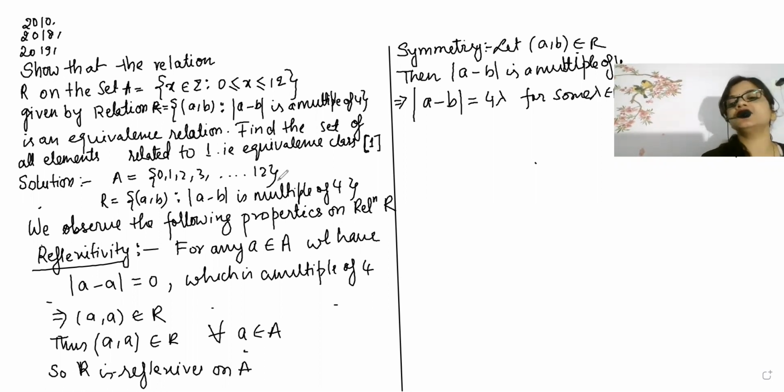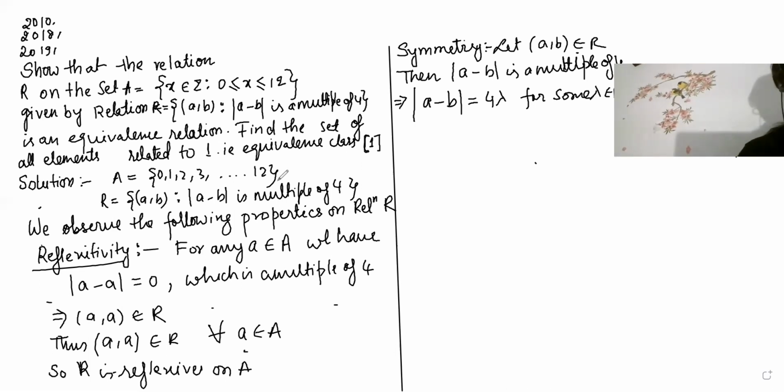So if you find the modulus of a minus b, it will be a positive multiple of 4. Since it is a positive multiple of 4, lambda will also be positive and not in fractional form. That's why it is safe to take it as N, the set of natural numbers.